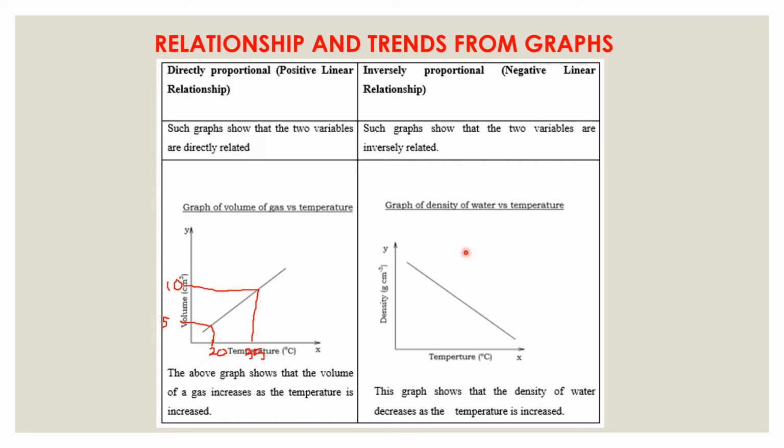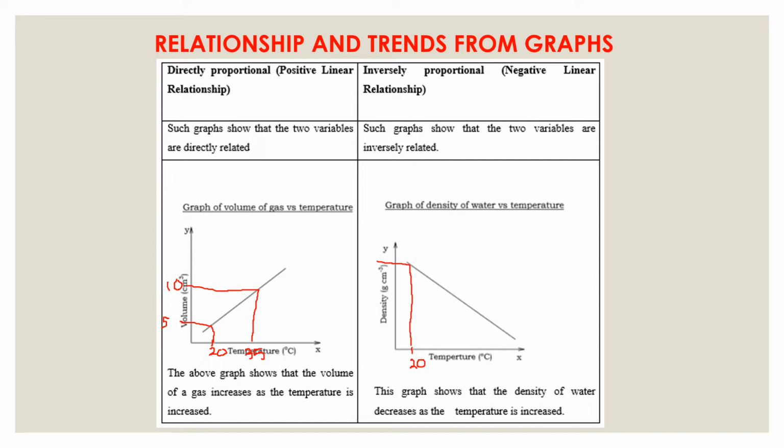An inverse relationship is where one variable will increase and the other will decrease. Example here. Let's say one more time, if the temperature here is 20 degrees Celsius, then what is the density reading going to be? So we take the ruler up to the mark and read it across. So you can see there is a high reading here.